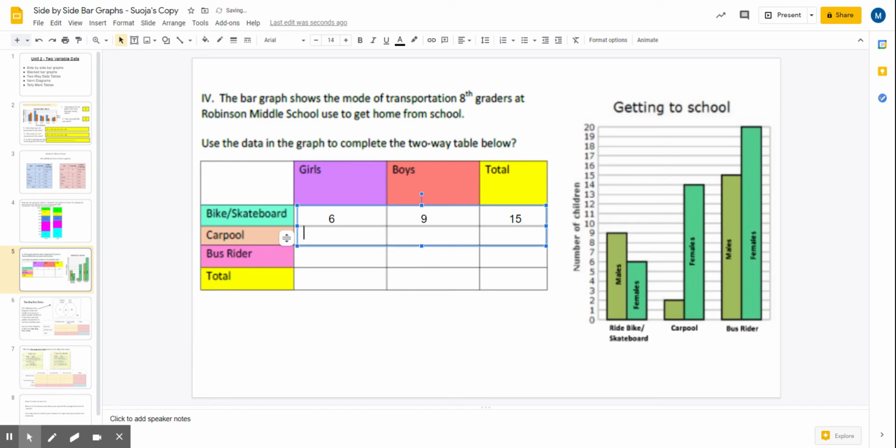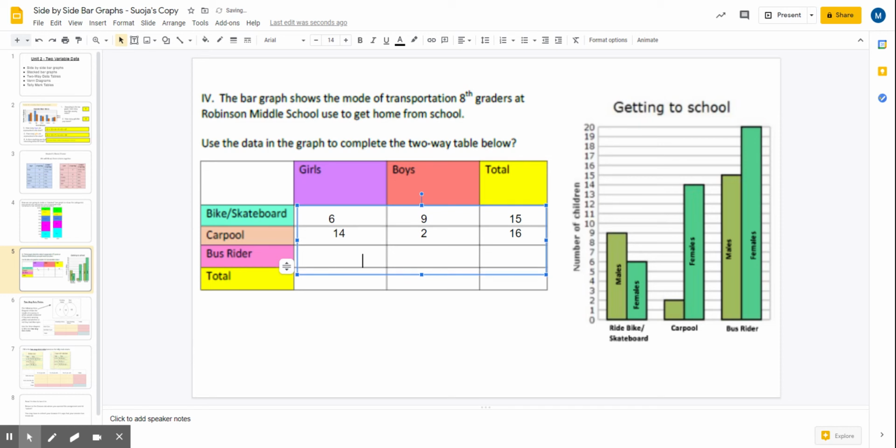Okay, maybe I will. I'll just hit enter instead of putting in a bunch of different text boxes. And carpool. All right, now we're looking for girls who carpool. All right, so I'll go over here to find it. Girls who carpool, 14. Boys who carpool, 2. And that is a total of 16.